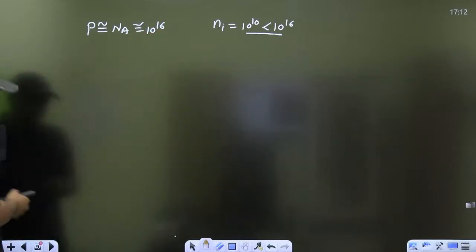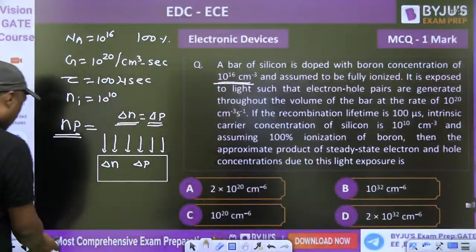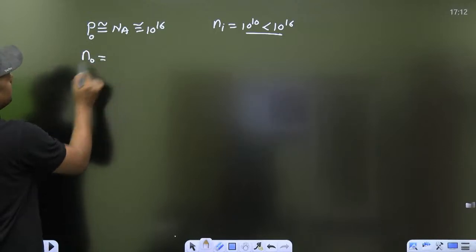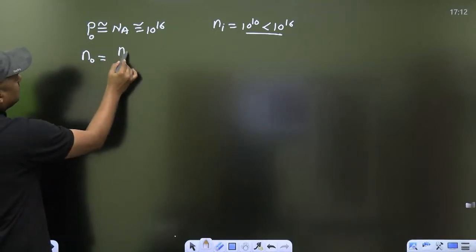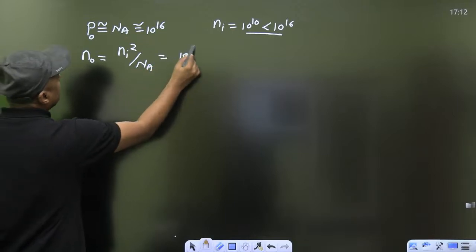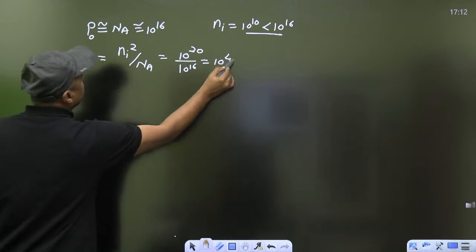That is the concentration of holes, 10 to the power 16 per centimeter cube. Now what is the concentration of electrons initially? This is called p0, n0, and that is given by the concentration of electrons according to the mass action law, n_i squared divided by Na, that will become 10 to the power 20 divided by 10 to the power 16. This is 10 to the power 4.